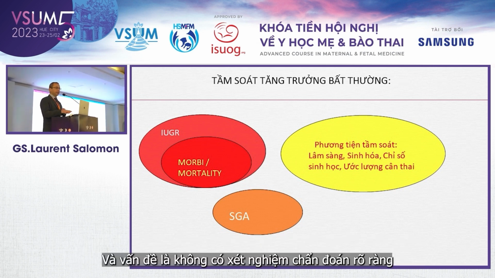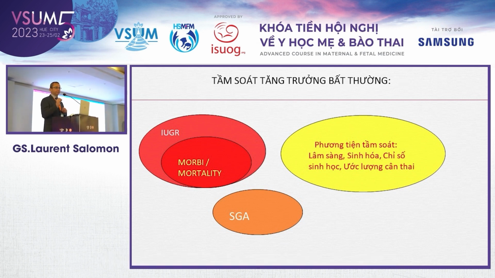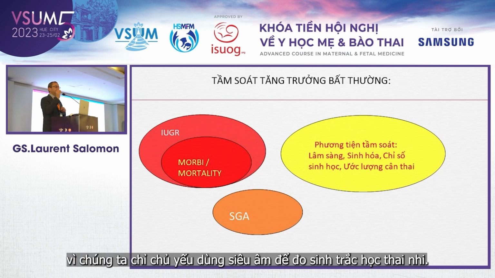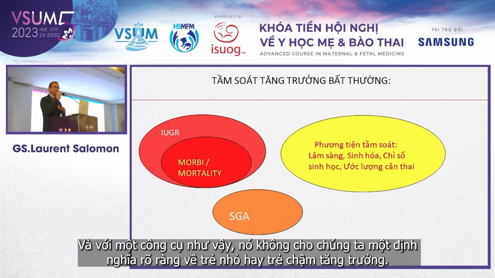And the problem is that there is no clear diagnostic test to say this fetus is growth restricted or this fetus is small or not small, because we are only using, or mainly using, ultrasound to try to measure the biometry of the baby. With such a tool, it does not give us a clear definition of a small baby or of a growth-restricted baby.